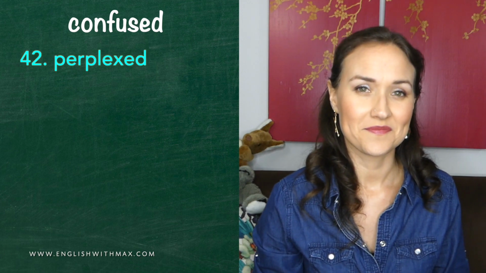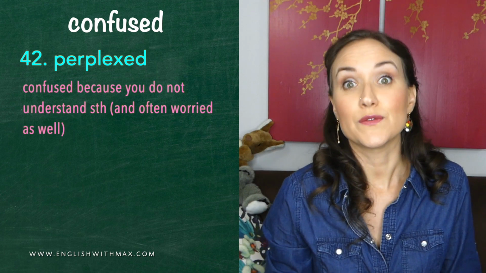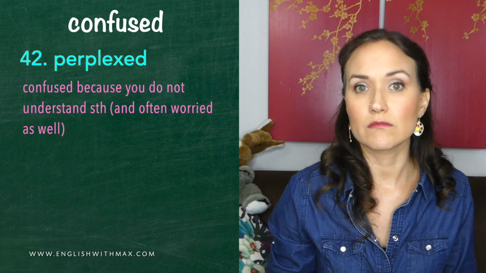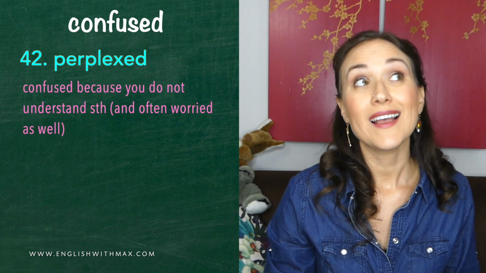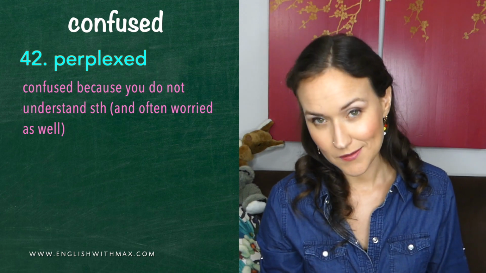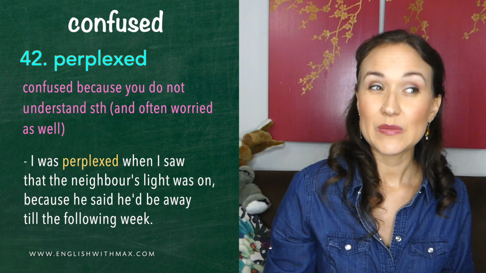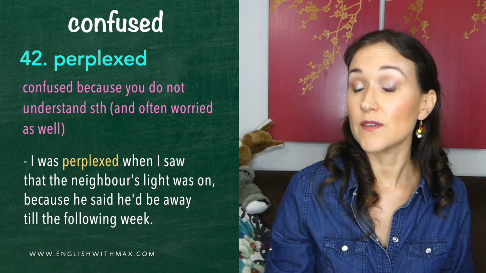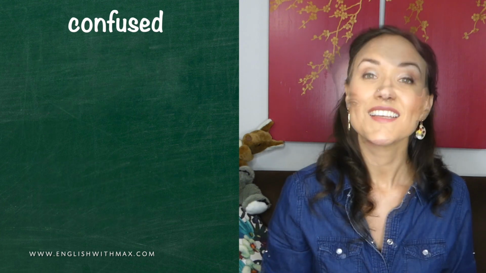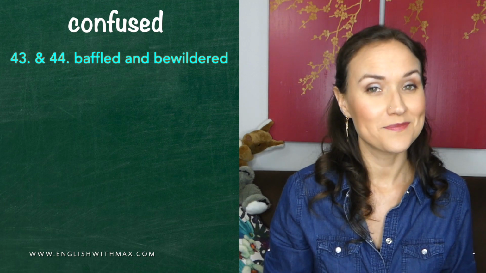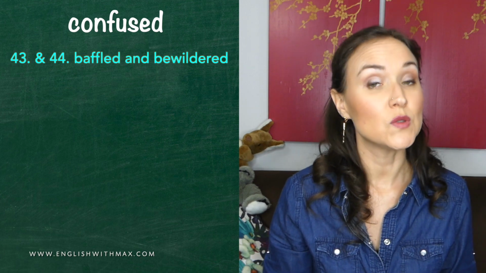Perplexed. This means confused because you don't understand something, and often worried as well. I was perplexed when I saw that the neighbour's light was on because he said he'd be away till the following week. Next we have baffled and bewildered.